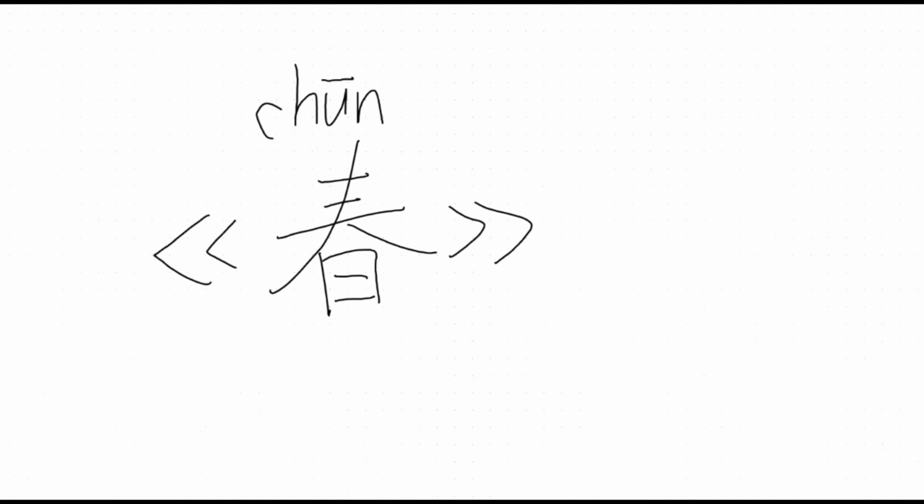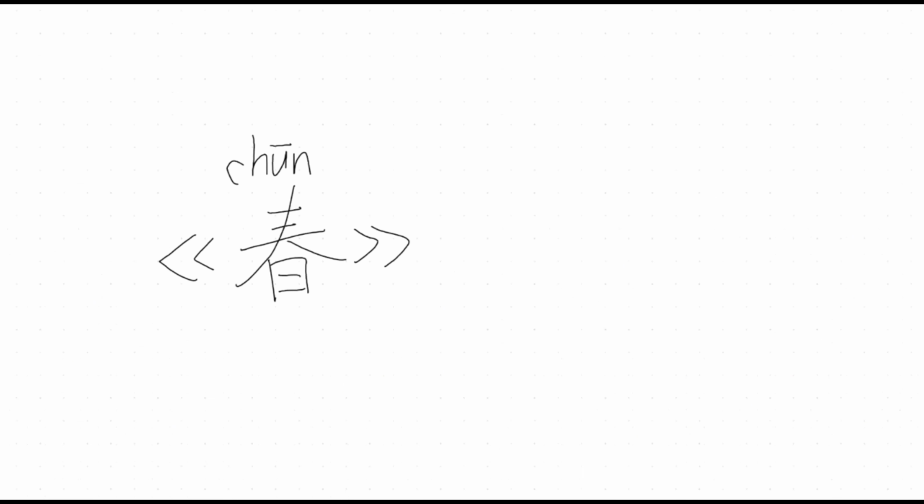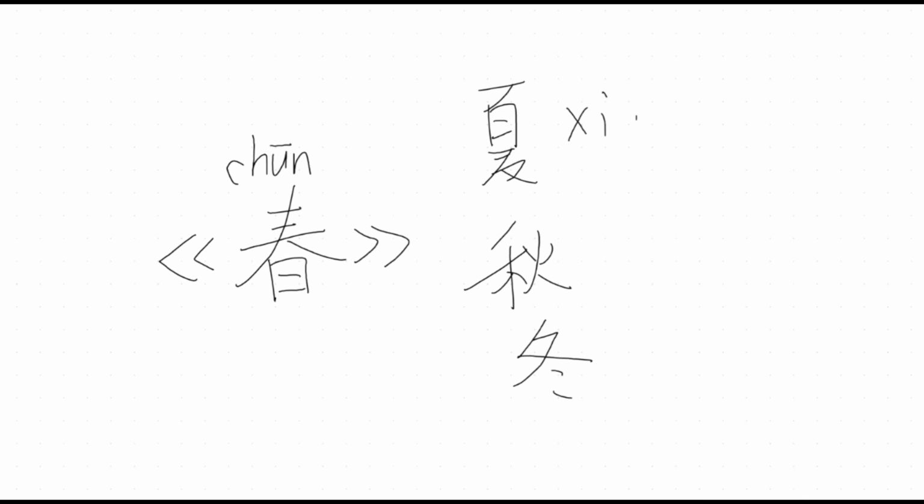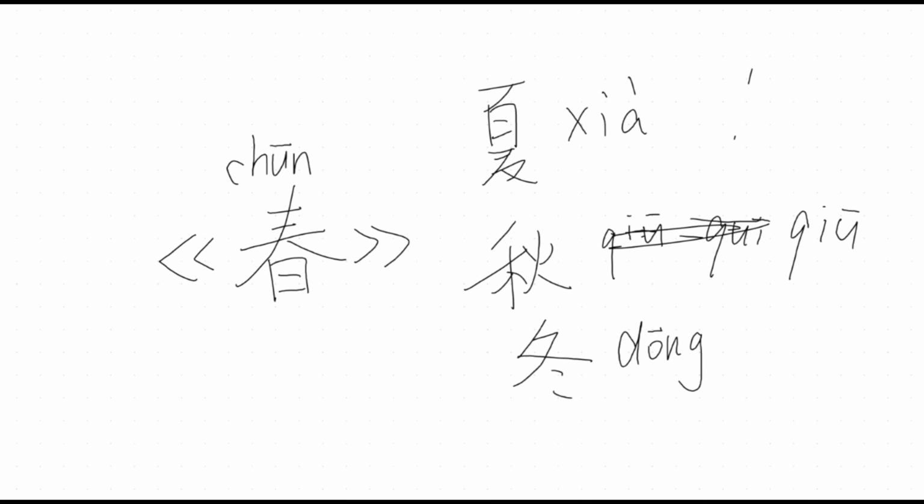So the other three are, of course, 夏、秋、冬。You know this character? 夏. 夏 means summer. 秋 is autumn, fall. 冬 is winter.